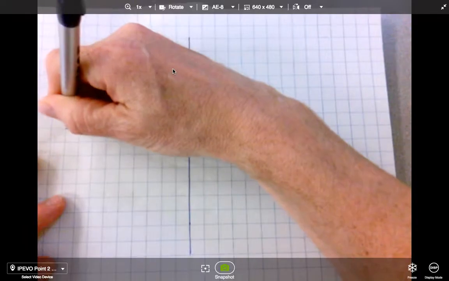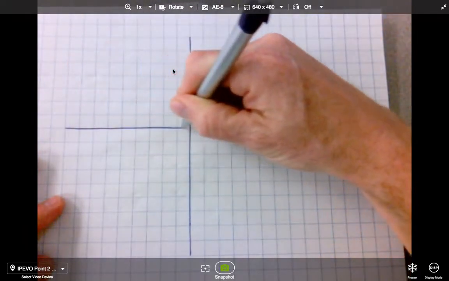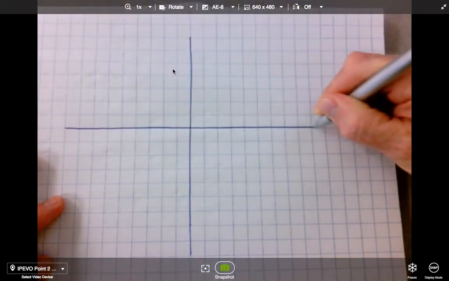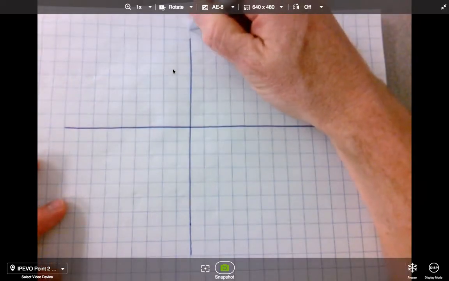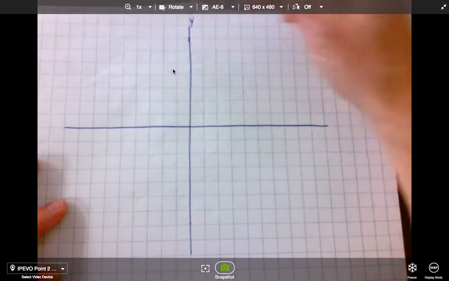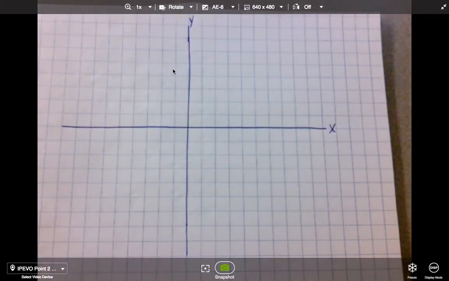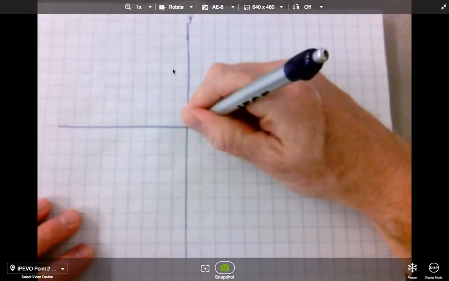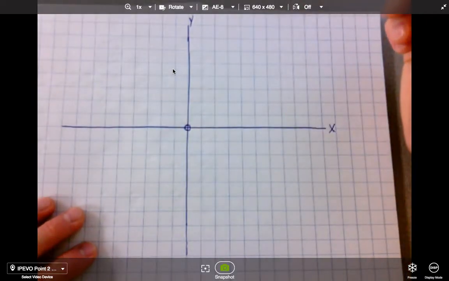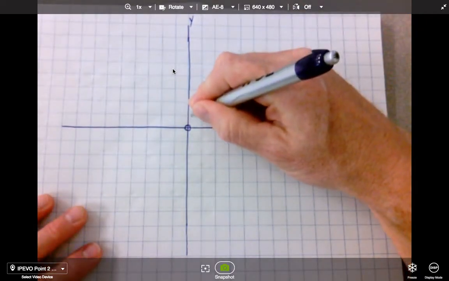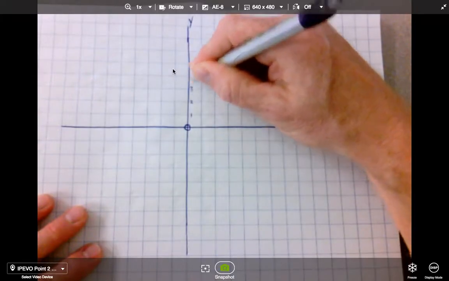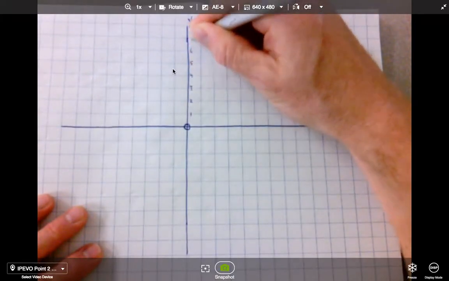And roughly find the middle. Okay, so making a full Cartesian plane, and I want to talk about the quadrants. But before I do, let's just get our origin, which is our 0 in the middle. And let's do subtle, small units.